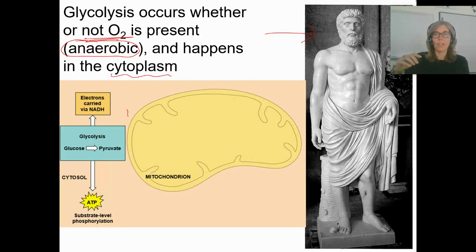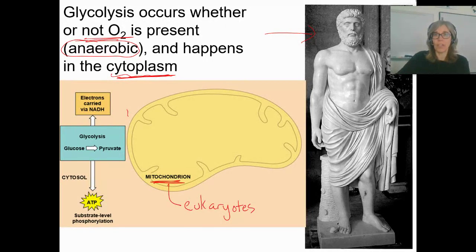After glycolysis, we'll continue on with something called the Krebs cycle and then the electron transport chain where we'll use oxygen, but some bacteria will continue on with a different process, but everybody starts here. So I want you to memorize that it happens in the cytoplasm, which I think makes sense because like everybody's got cytoplasm, right? Not everybody has mitochondria. So here's your mitochondria, and that's present in eukaryotes only, right?